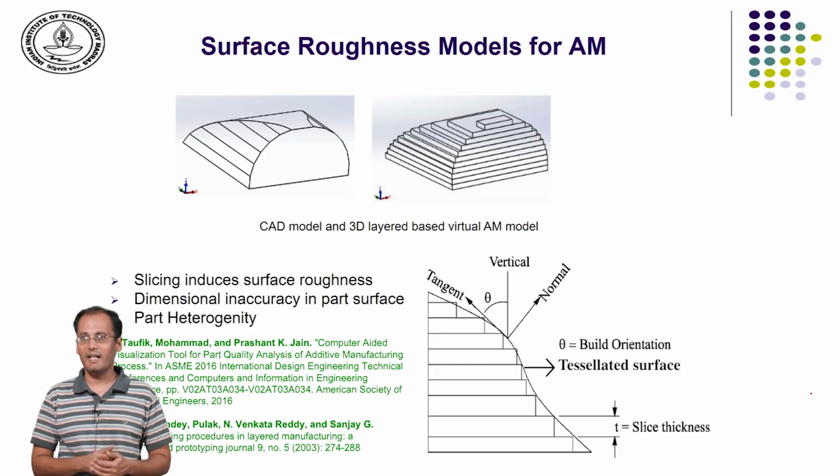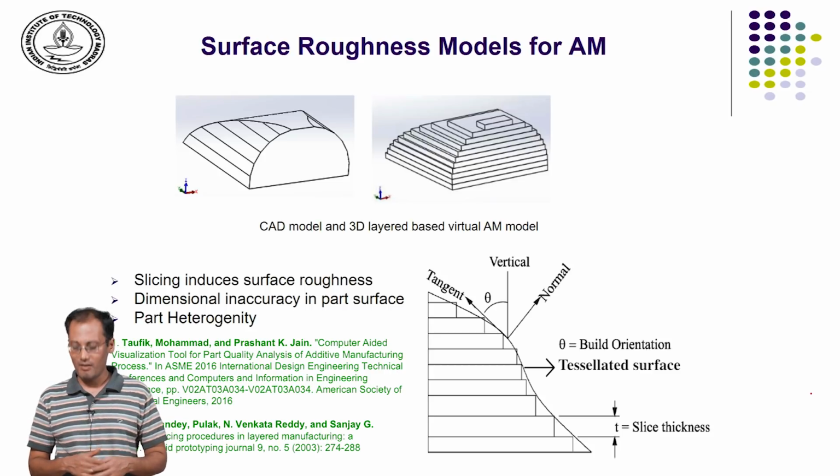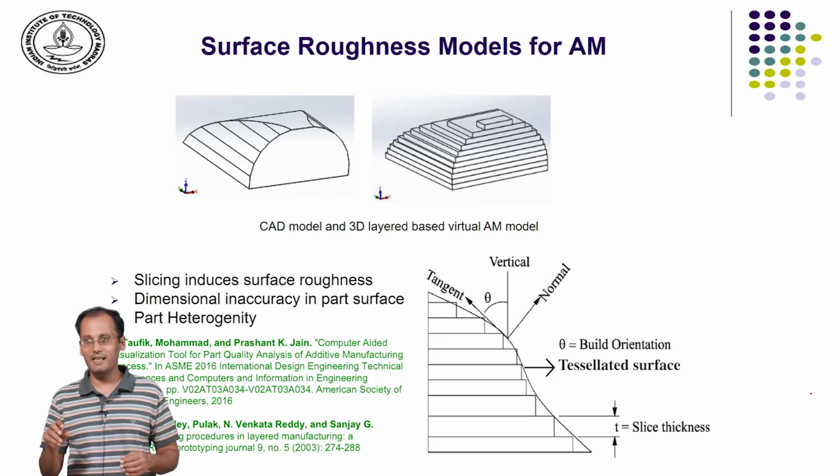effect, can be different, because the ideal representation of the staircase effect is what we see on the slide, but when this slice is manufactured, there is typically a rounding off because the material is deposited.